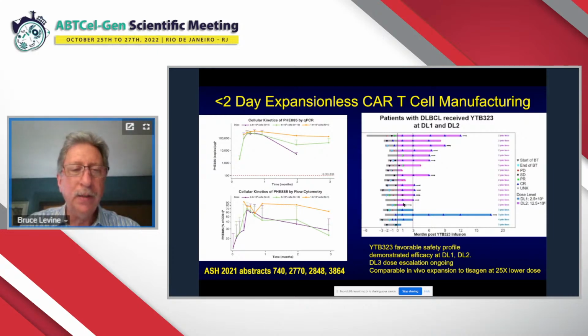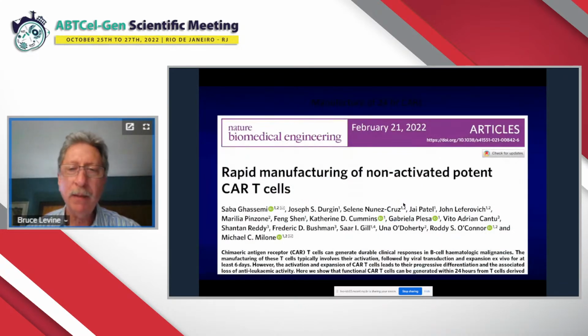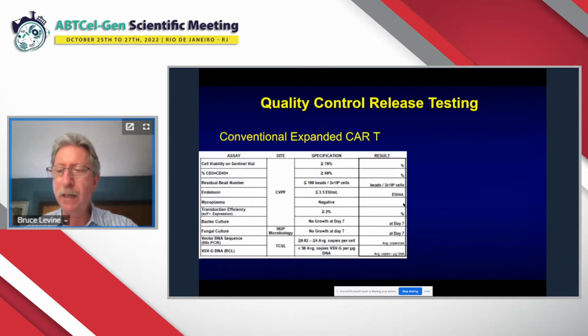And what is quite interesting here is that there is comparable in vivo expansion at a 25-fold lower dose compared to the regulatory approved product, Kymriah. We published also, Saba and Mike Malone, on a 24-hour process. So I think you're going to see some of these new manufacturing processes for CAR T cells and clinical data and a way to address some of the bottlenecks, perhaps.